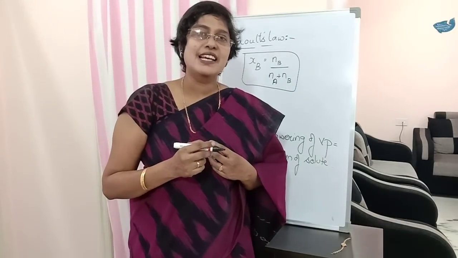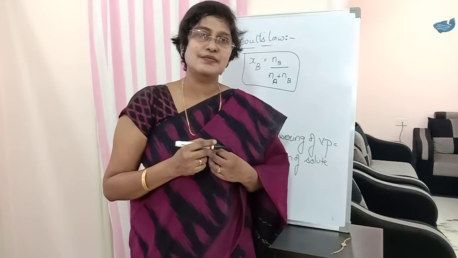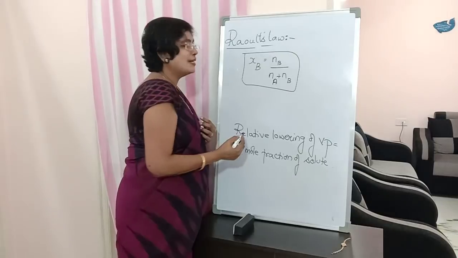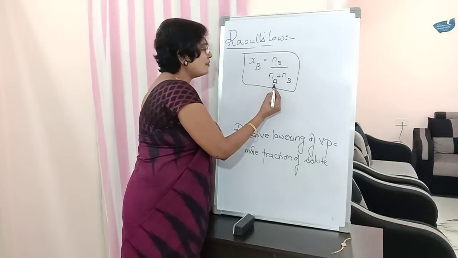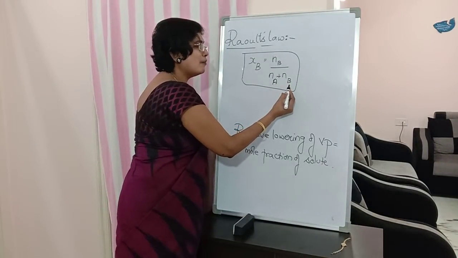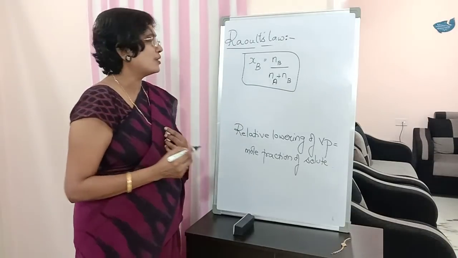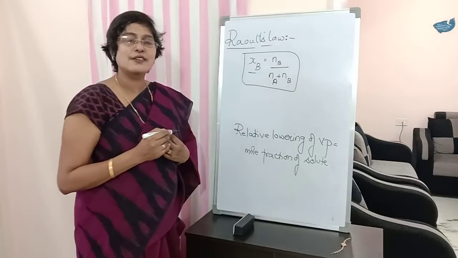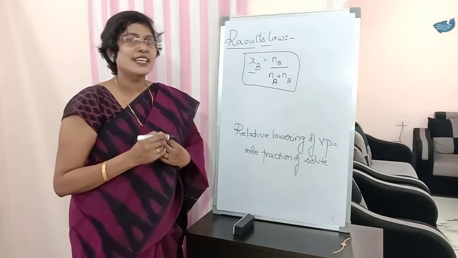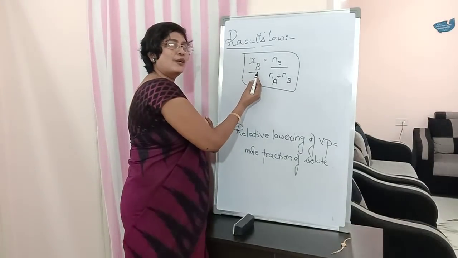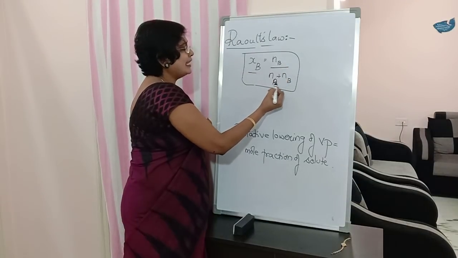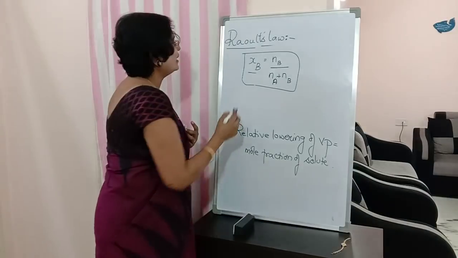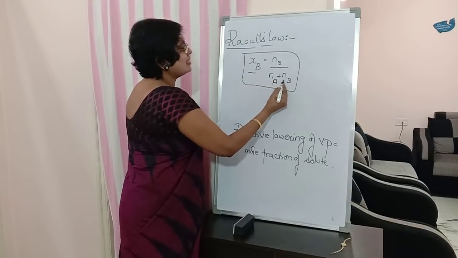What is NB and what is Na? NB is the number of moles of solute, Na is the number of moles of solvent. So when we do this, we get the mole fraction of solute. Similarly, XA will be equal to Na by Na plus NB.